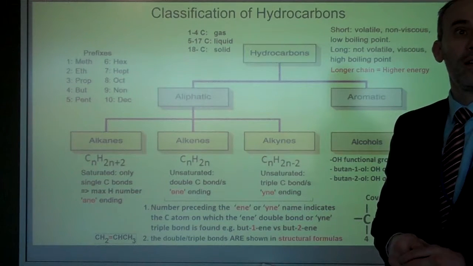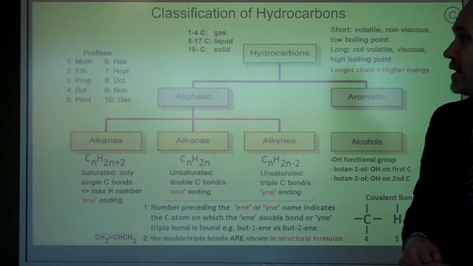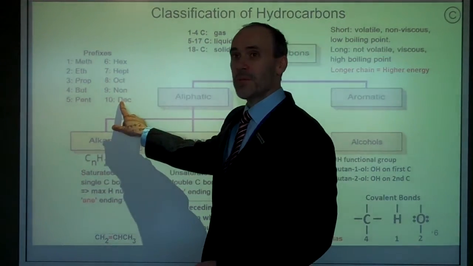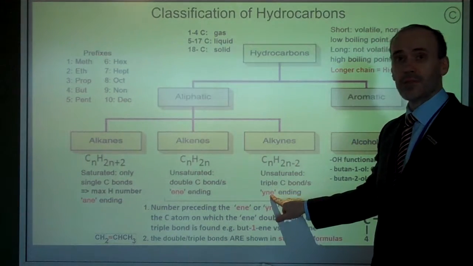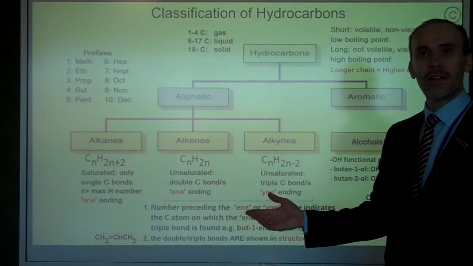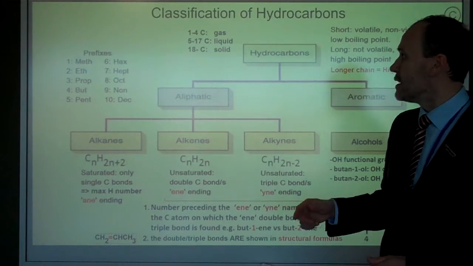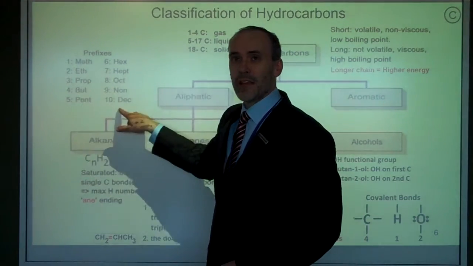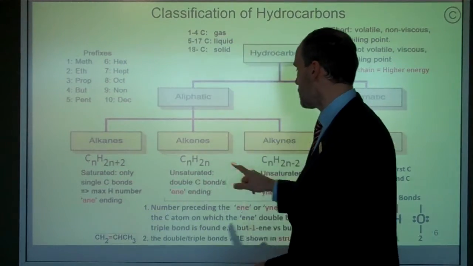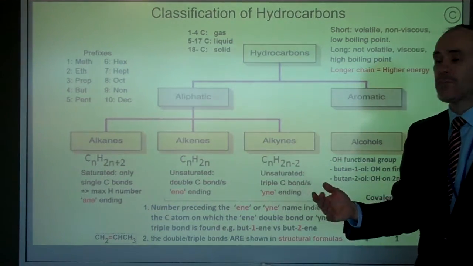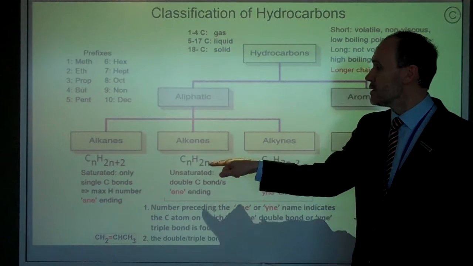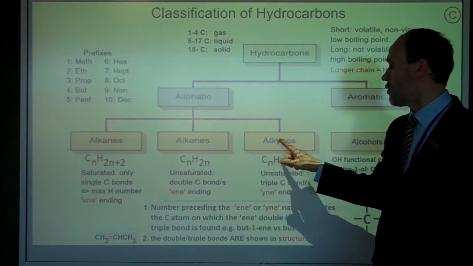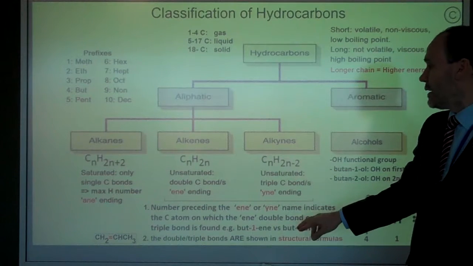Yep. Decyne. Dec, 10 carbons, and it's got a triple bond, so it has yne as the suffix. Decyne. Okay, it's just patterns. This is what you start the name with, and one of these 3 is how you end the name, and that depends if there's a single carbon-carbon bond, a double carbon-carbon bond, or a triple carbon-carbon bond.